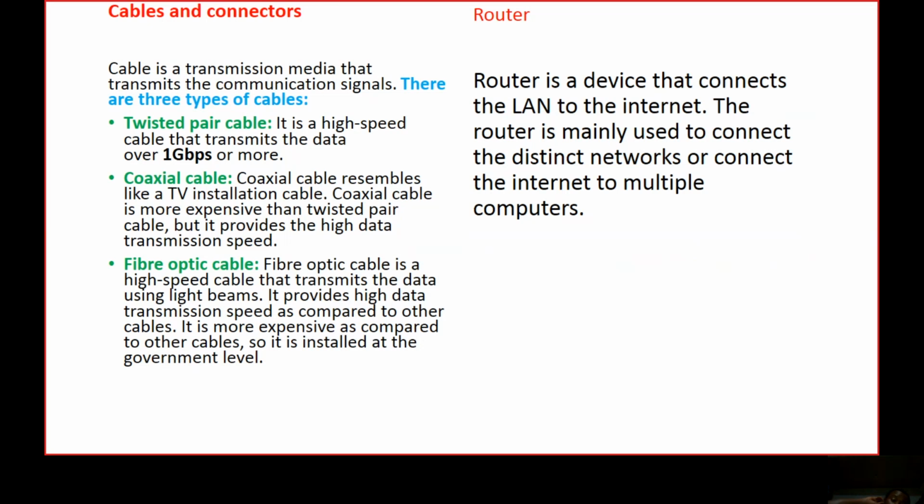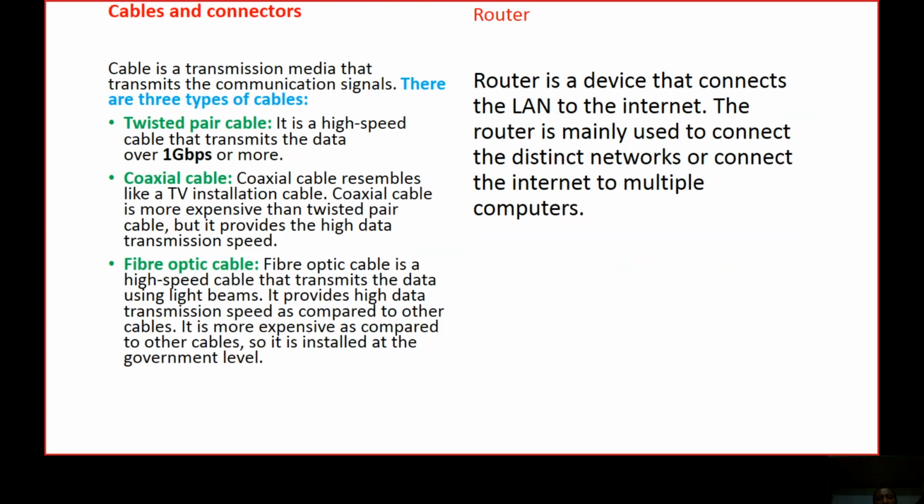And this one is very expensive compared to the remaining ones, those twisted pair and coaxial cables. So it is installed at the government level. It is not easy to install it yourself because it's very expensive. So we need support from the government.